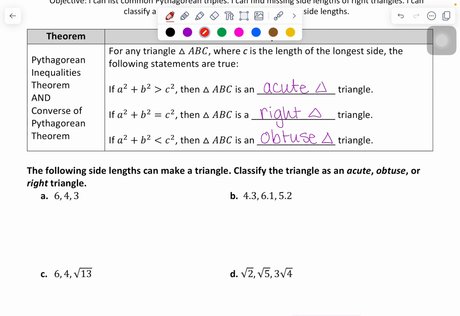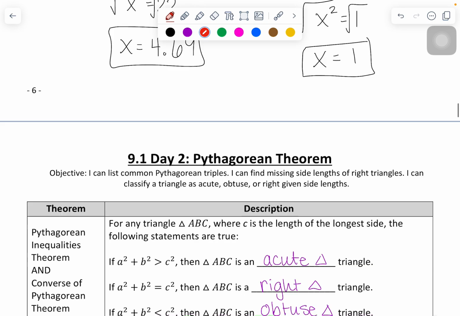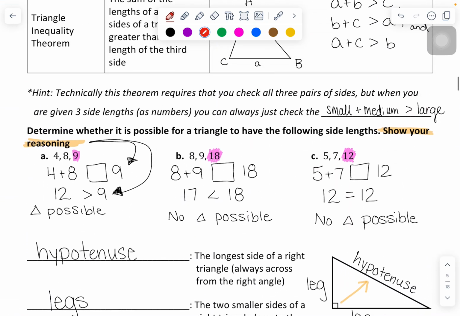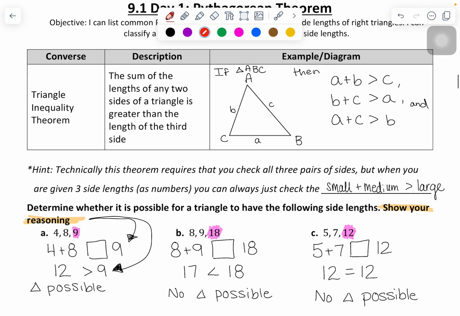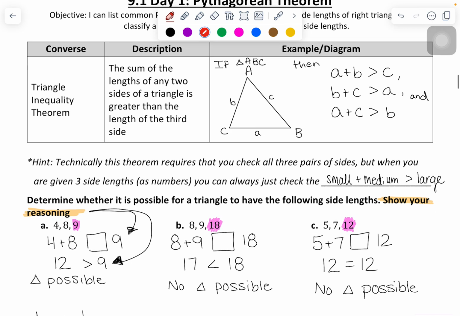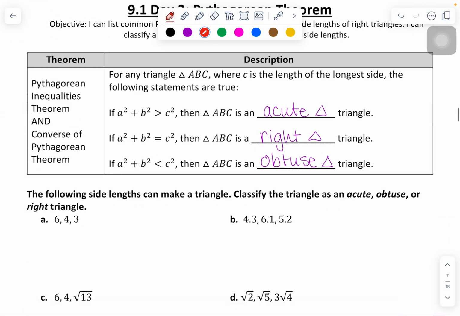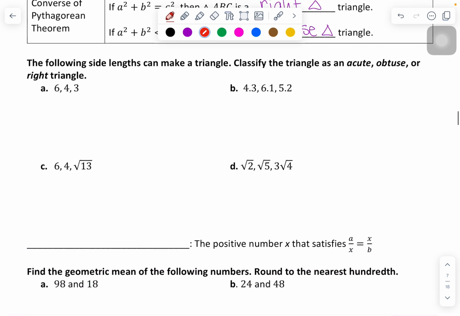If it asked if they can create a triangle, that's when you're doing what we did yesterday, which was determining whether it's possible using the triangle inequality theorem. So, this one says it can make a triangle. We want to classify it as acute, obtuse, or right.